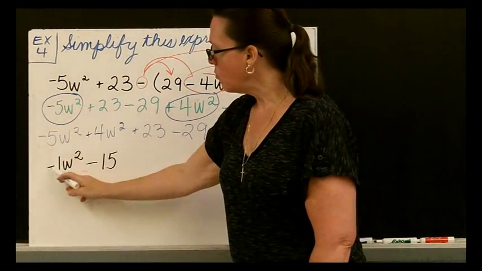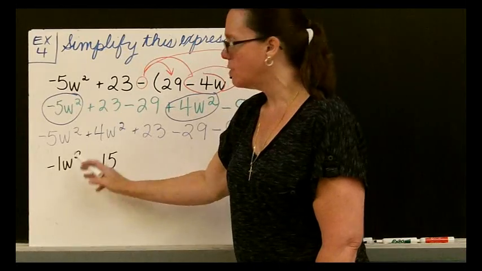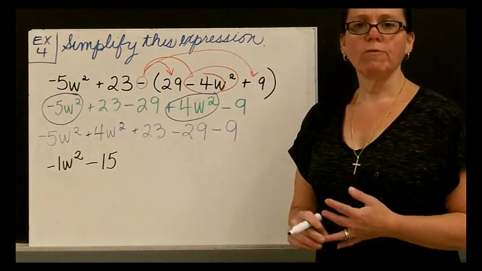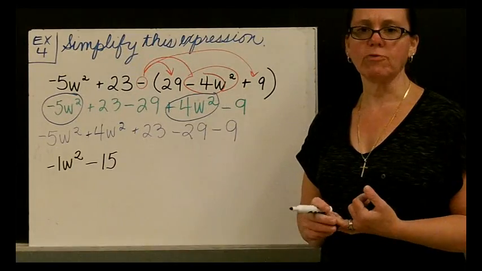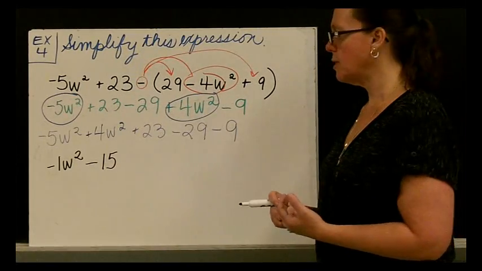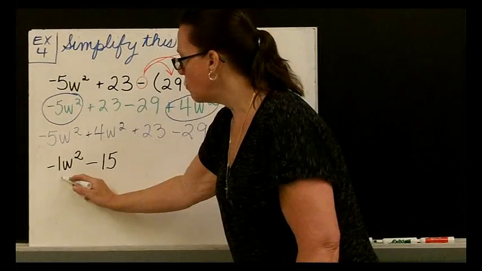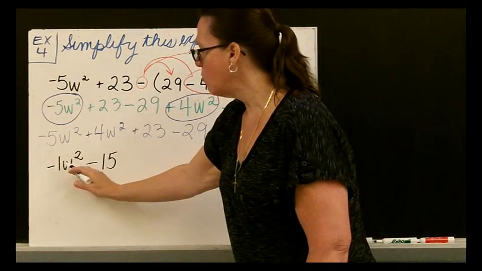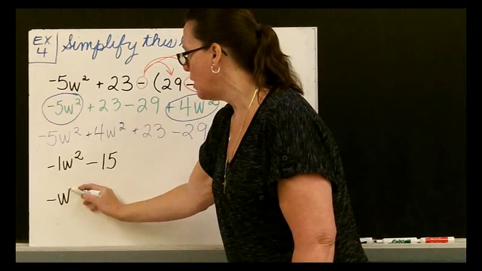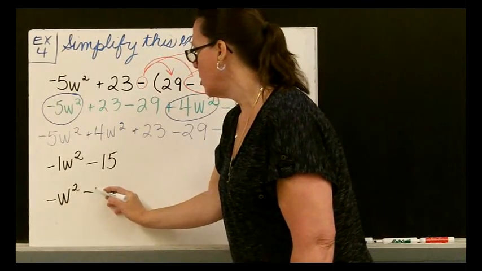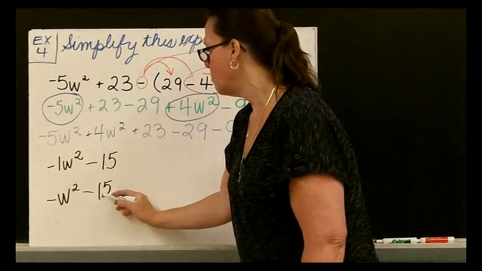This negative 1, coefficient of a w. When the coefficient of a variable is either a 1 or a negative 1, you do not have to write the number. You can simplify this further. Negative 1 times w squared is a negative w squared, negative 15.